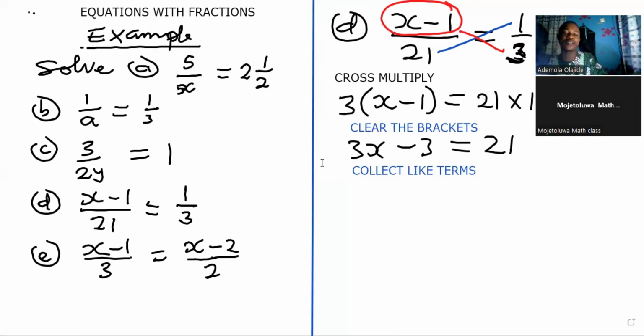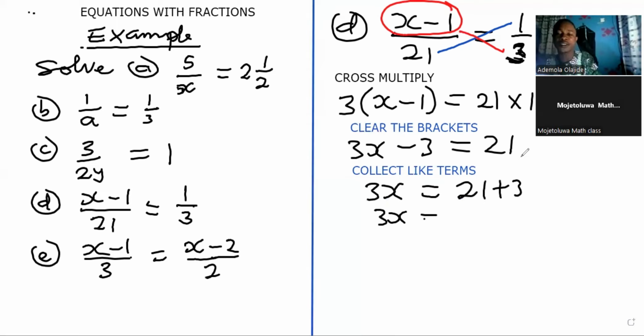Collect like terms. So we now have 3x equals to 21. That negative 3 on the left will go to the right and becomes plus 3. And you now have 3x equals to 24. From here, since it is only that coefficient that remains there, you divide both sides by it.